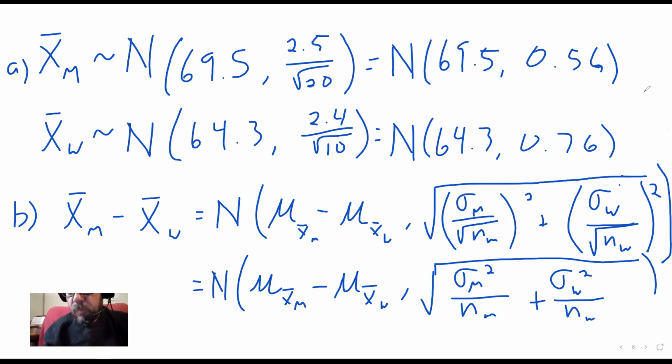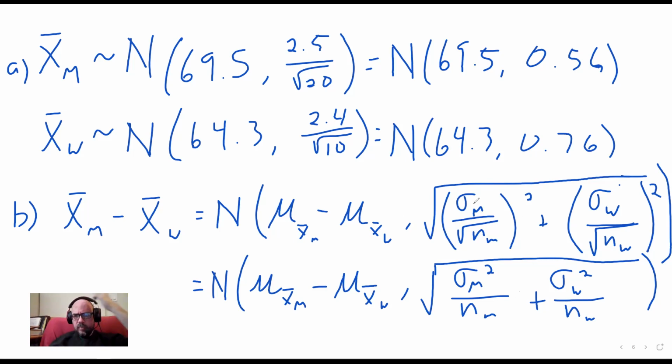Like so. This is the formula for the difference of two sampling distributions where the central limit theorem applies. I hope that's clear that we need the central limit theorem to get all this. So let's calculate that.